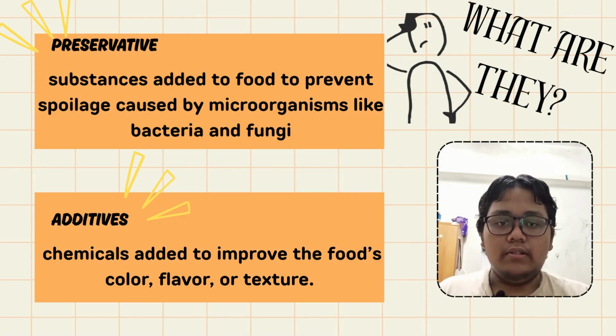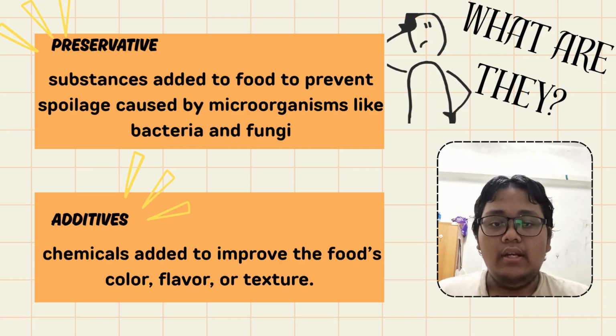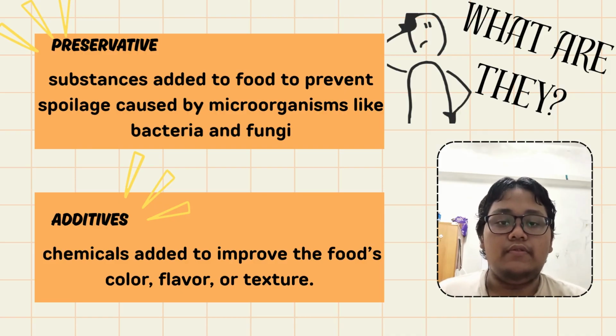Thank you. Moving on, we are going to talk about preservative and additives analysis. Now, what are preservatives and additives? Well, to start off, preservatives are chemicals that are used to prolong the shelf life of a product.